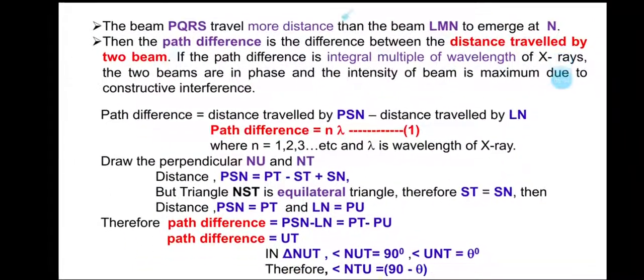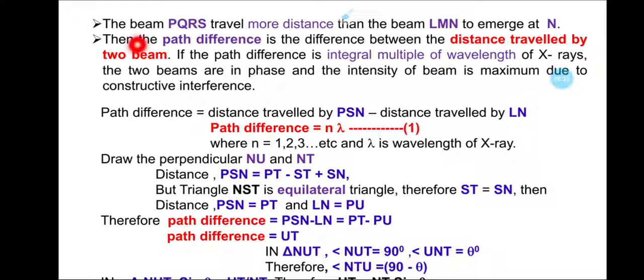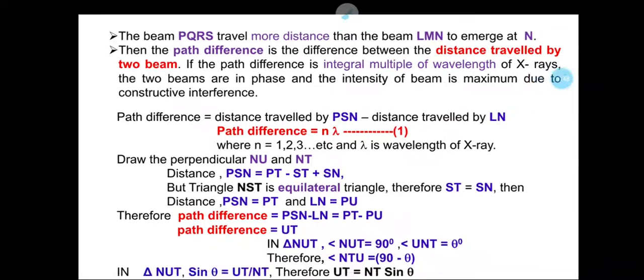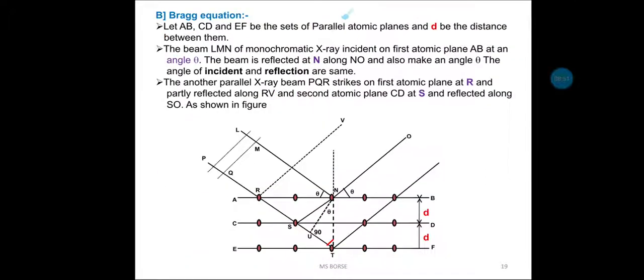For the derivation, we consider that the beam PQRS travels more distance than LMN to emerge at point N. So this X-ray beam travels this much more distance.